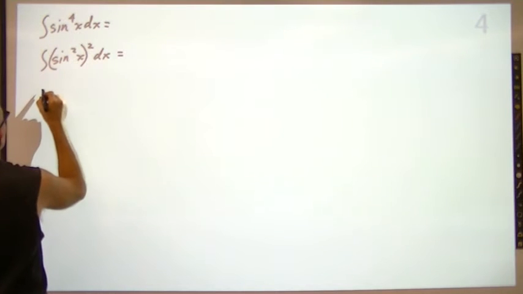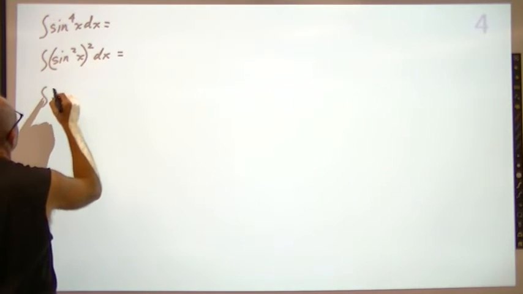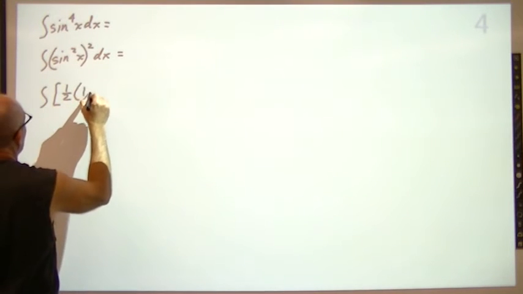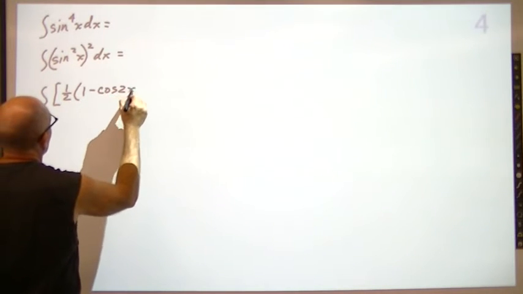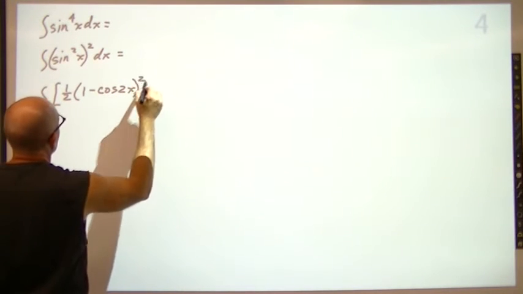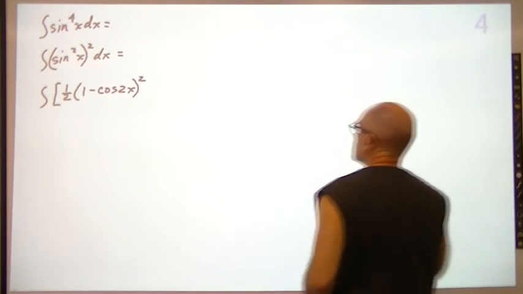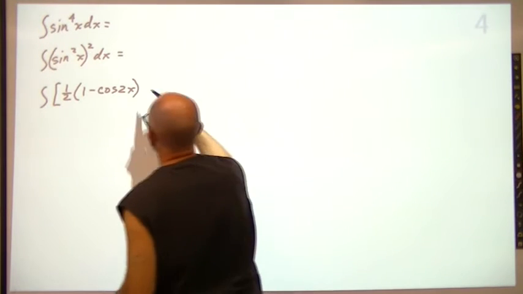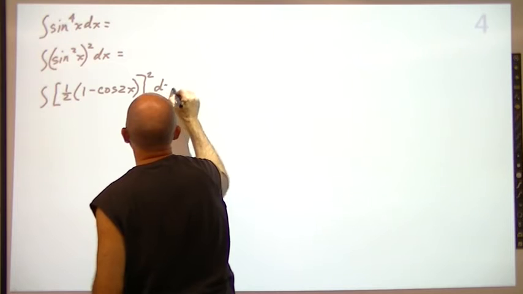Okay, now, sine squared x equals 1/2 times 1 minus cosine 2x, squared.